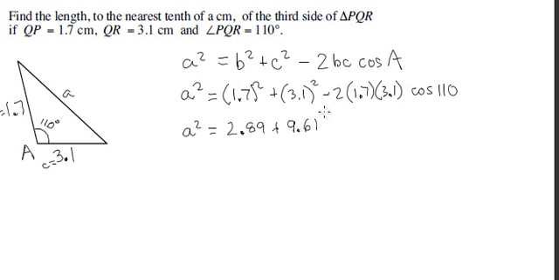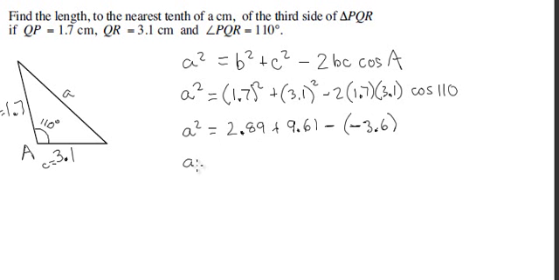And then we have minus 2 times 1.7 times 3.1 times cosine 110. Now this comes out to negative, so be careful here, negative 3.6.